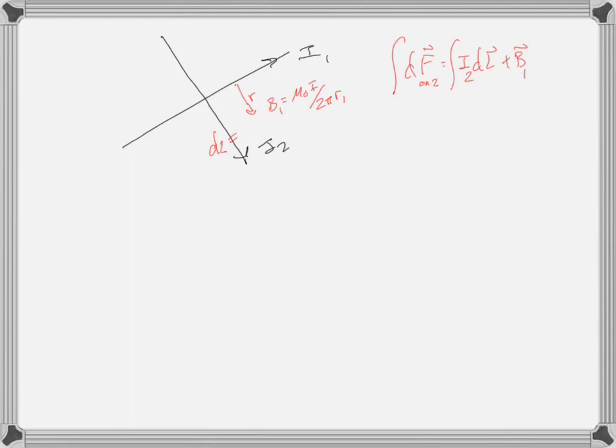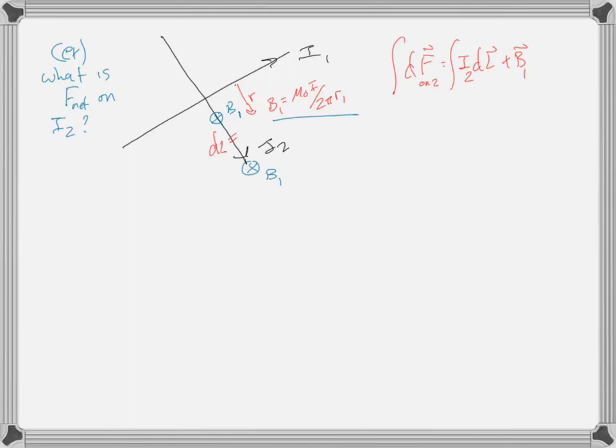Because if I were just to ask what is the net force on I2, what I want you to notice is that the magnetic field on one side of I2 due to I1 is into the board, B1.